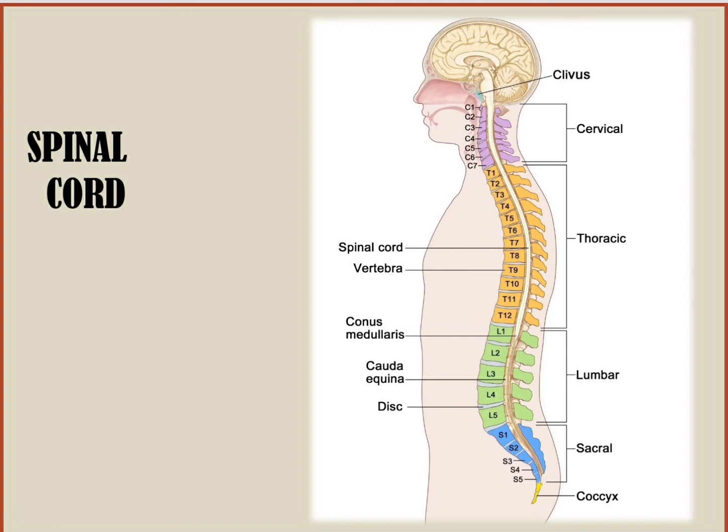Then you have the sacral bones, S1, S2, S3, S4, S5. Okay, and this is present below the abdominal part of your body. And finally, you have the coccyx bones. Two bones are actually present over there, but they are completely joined to each other, so we do not name them as 1 and 2. They are just called the coccyx bone.